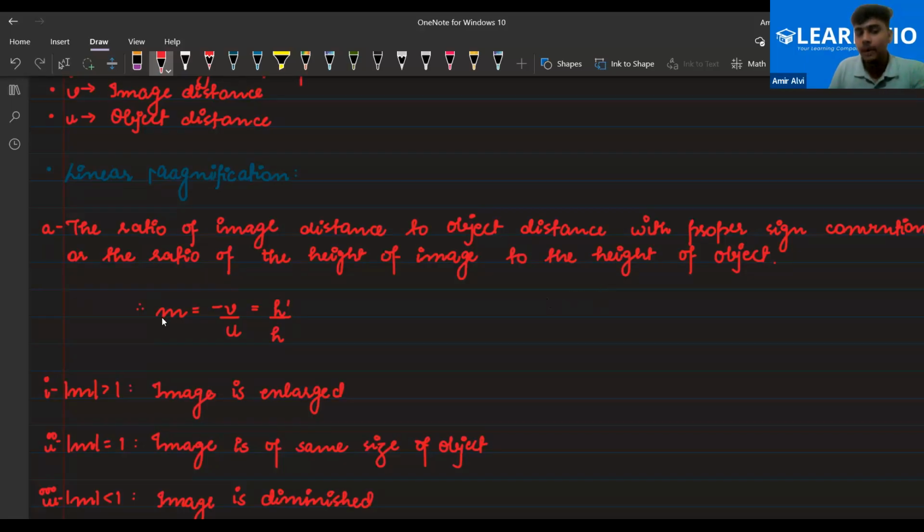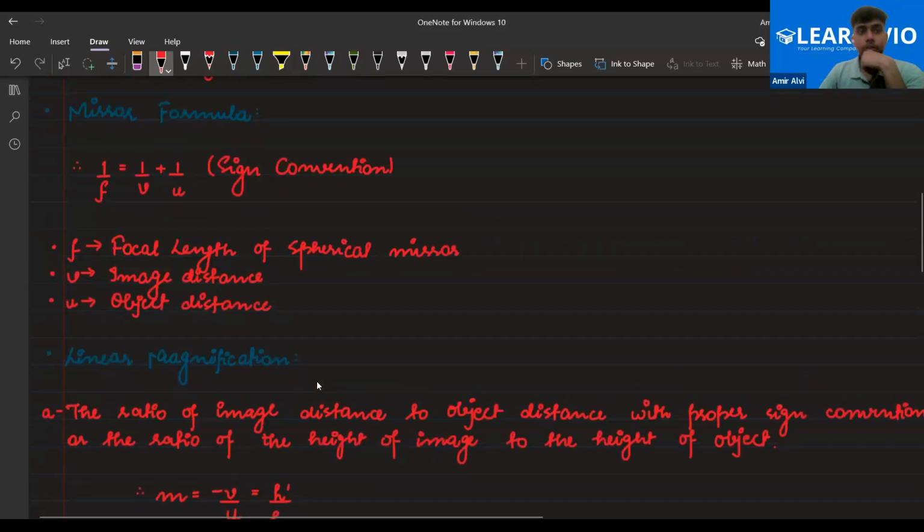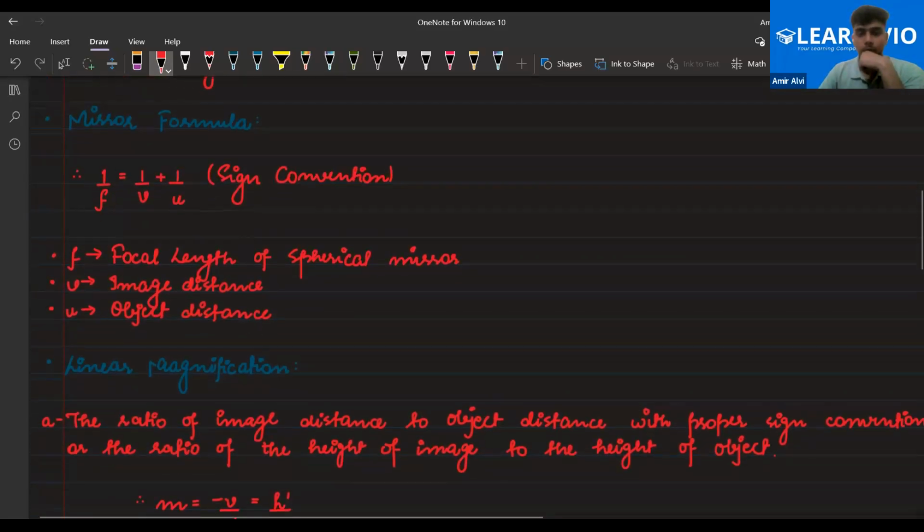It is denoted by m, and magnification m equals minus v upon u equals h dash by h. Is that clear, Naveed? Yes. Sure. Please note it down and let me know once done. Should I note down the linear magnification, sorry, the mirror formula as well?